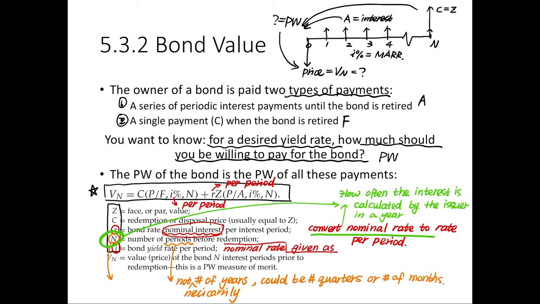Okay, so if it's compounded semi-annually, in a year it's compounded twice. If it's compounded quarterly, in a year it's compounded 4 times.